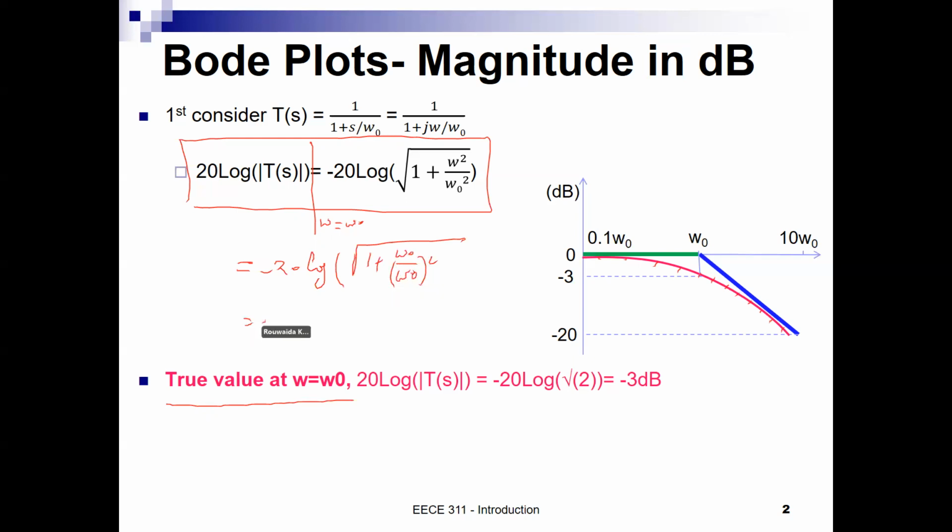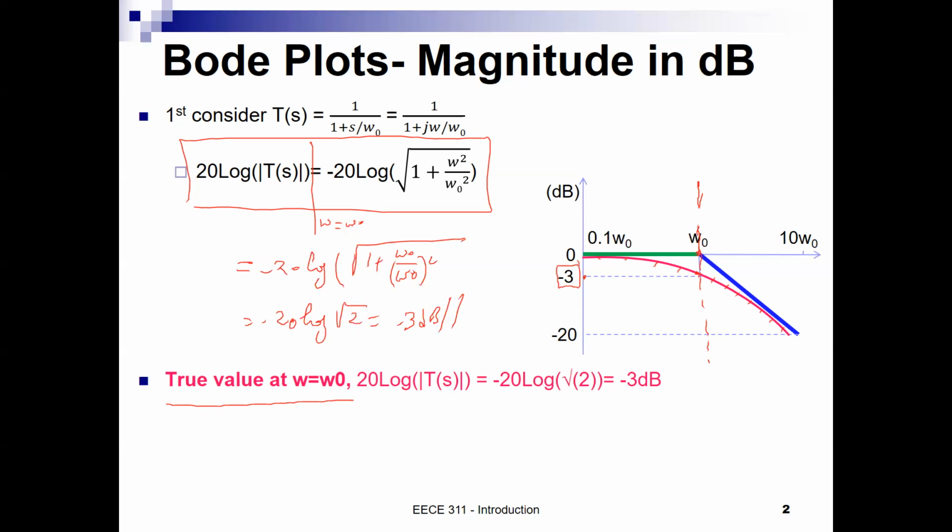So this is minus 20 log the square root of 2, which is equal to minus 3 dB. Therefore, we know that at ω0, the magnitude will be minus 3 dB, and this is the cutoff frequency, or the 3 dB frequency of the transfer function.